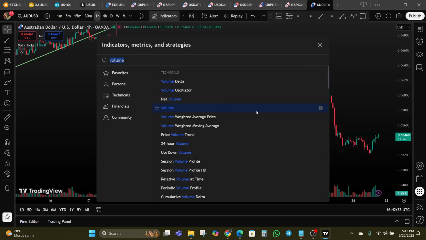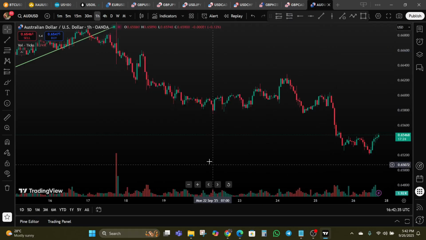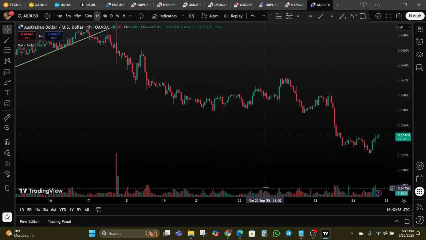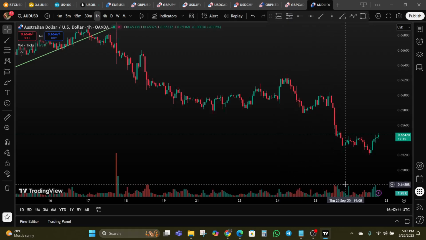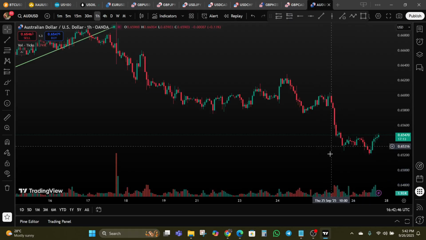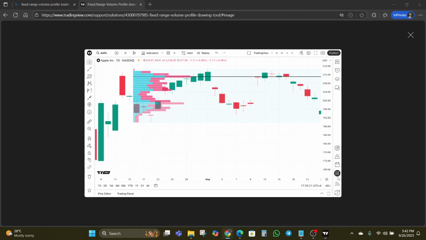The volume indicator shows us volumes by time. As you can see, at different times you're going to see volumes for that particular asset. But the fixed range profile shows volume by price. Can you see that? You can see the volume at each given price, highlighting where traders are most active.